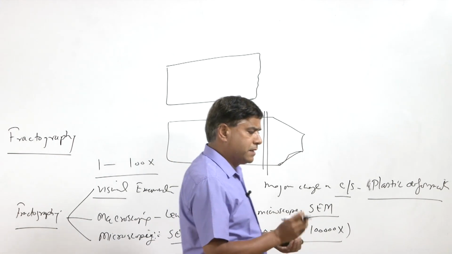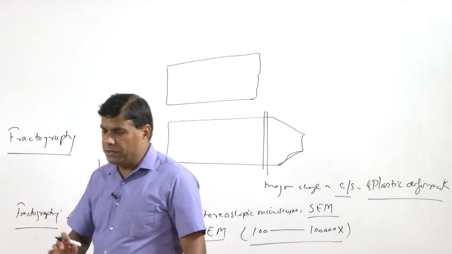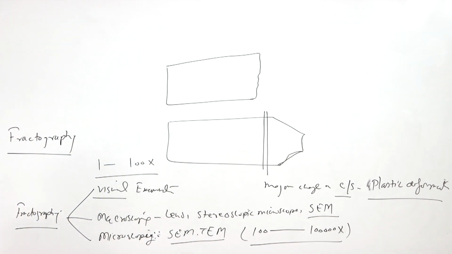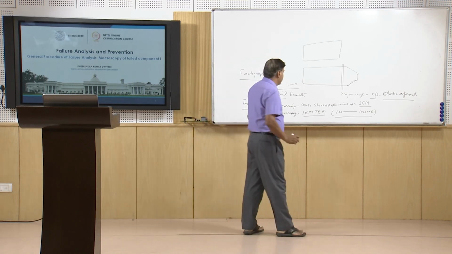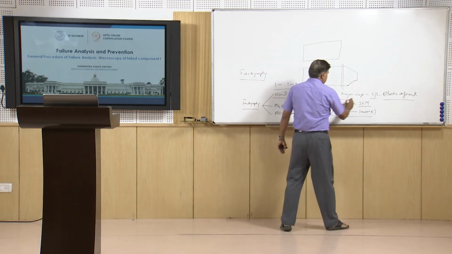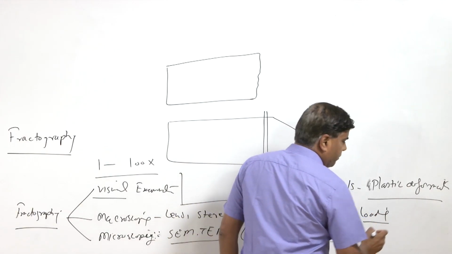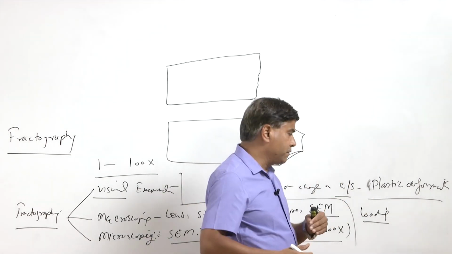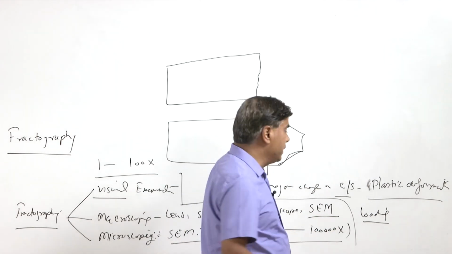It allows us to look very closely at various microscopic features which are generated in the course of the fracture of the bulk materials, and they give an idea about the kind of loading conditions, the type of load, whether the load was monotonic or cyclic, and the kind of environmental conditions under which failure has taken place.